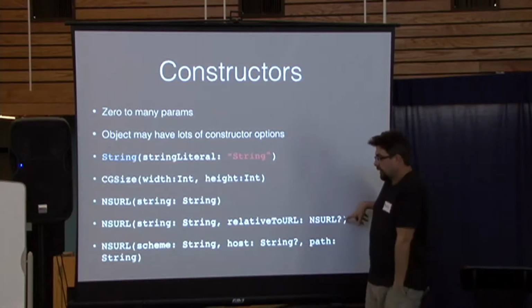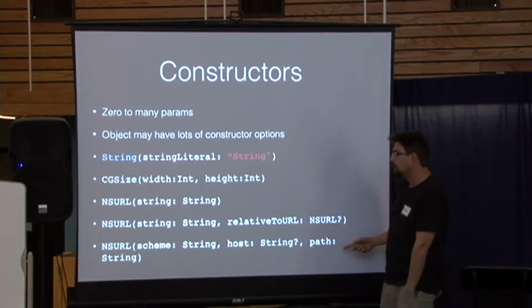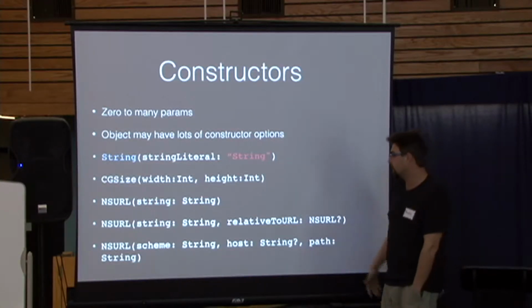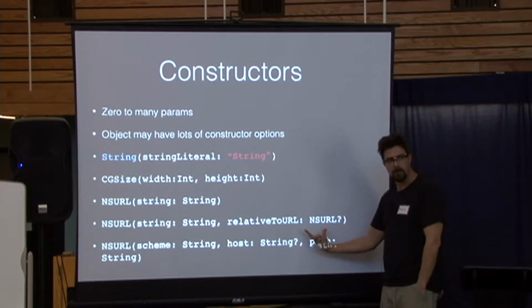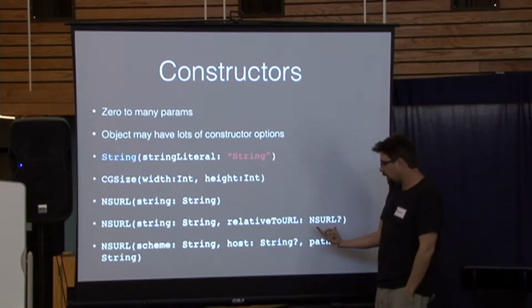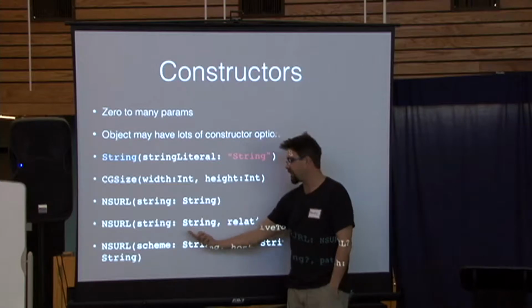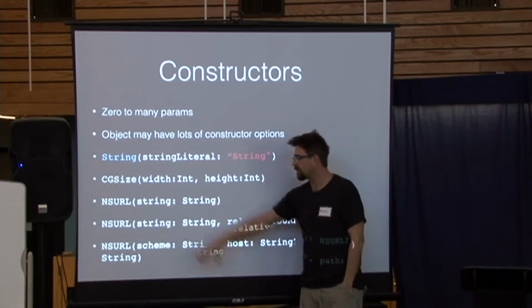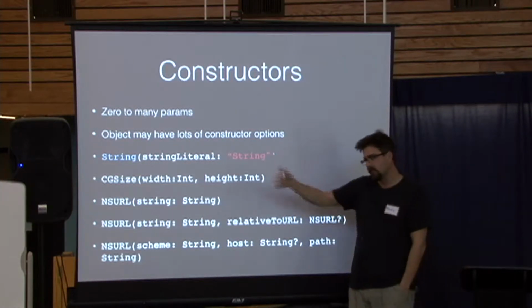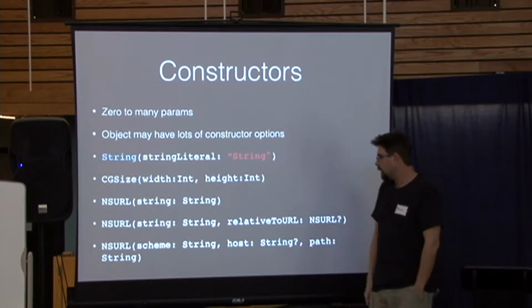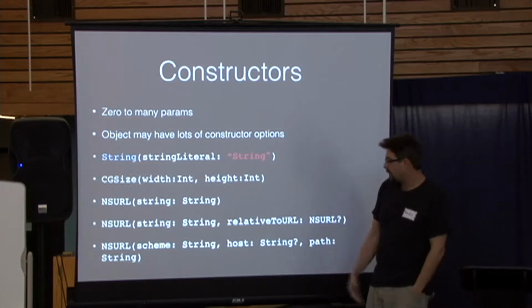You can also, here's another one. So here's 3 different ways to create a URL. So maybe I have a base URL, brooksholler.com, and then this is family.html or something, and that will create brooksholler.com/family.html. Or maybe you want to pass in all 3 parts.